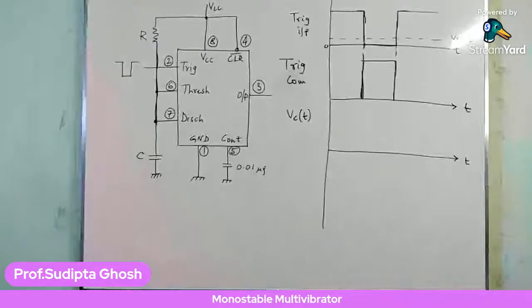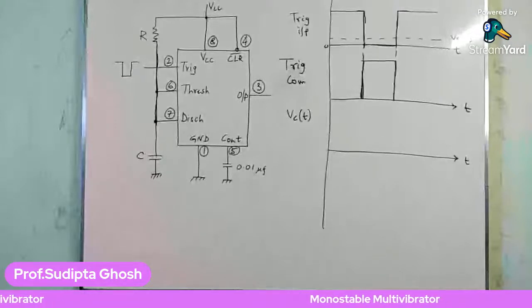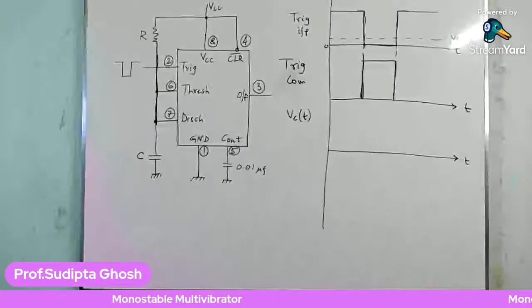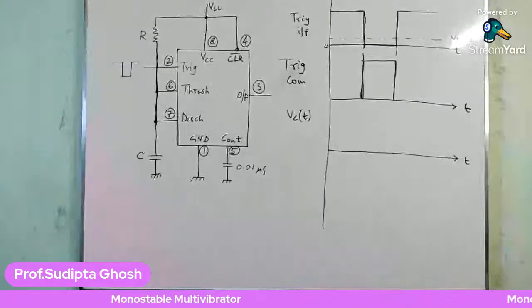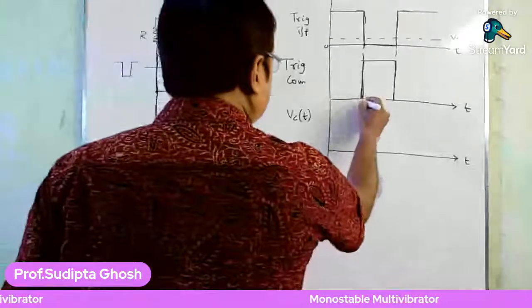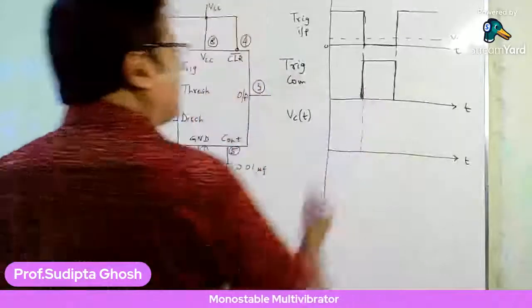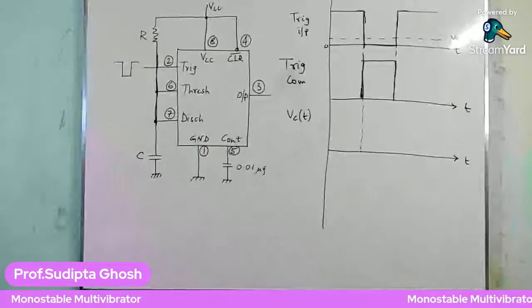That means Q bar is low, and that means the capacitor has a path to charge towards the VCC value. So the capacitor charging is initiated when the trigger comparator goes high. At this particular point, the capacitor goes to charge.